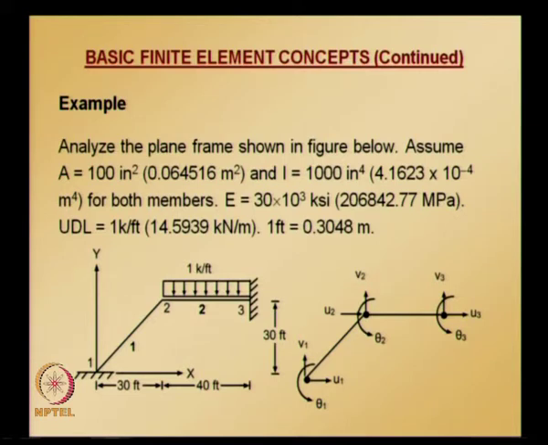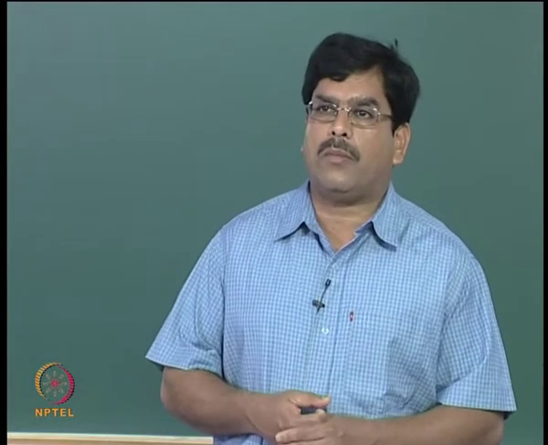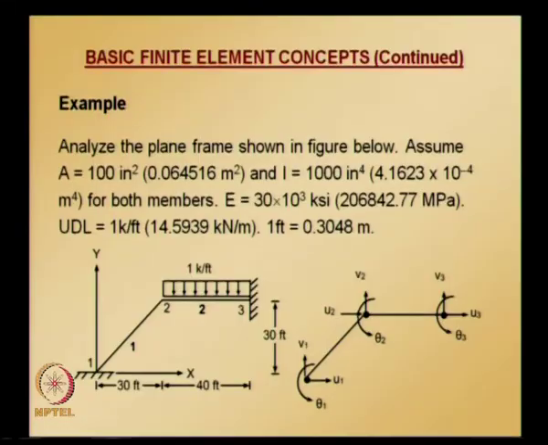Similarly, all degrees of freedom at node 3 are constrained, that is U3, V3 and theta 3 are constrained, and the only node which has non-zero degrees of freedom is node 2, which is going to have U2, V2 and theta 2, and we need to solve for these values.